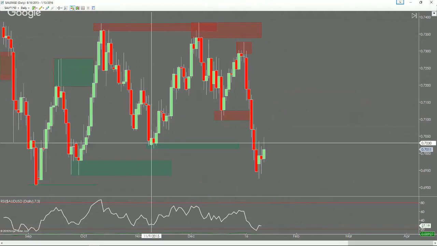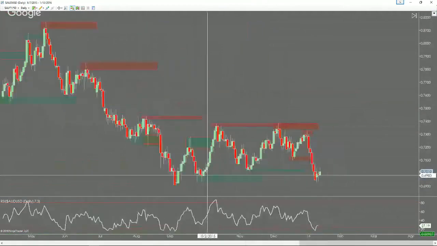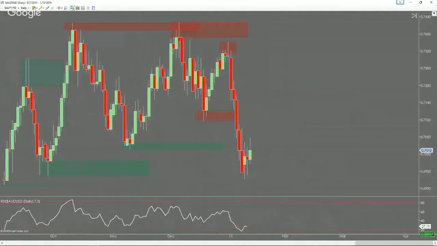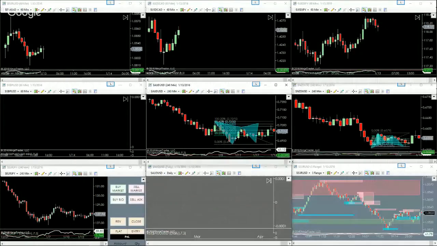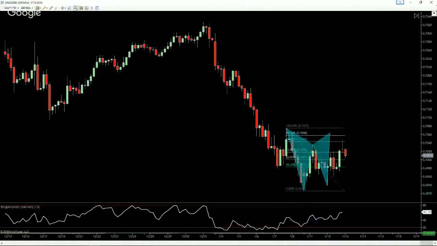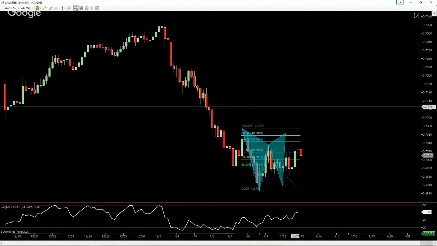It doesn't have very much on it, so it's pretty minor, but it will definitely have some sort of resistance maybe on the lower time frame. You'll see that a lot more on the lower time frame rather than on that daily time frame.